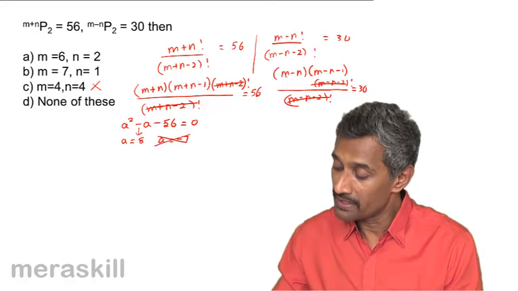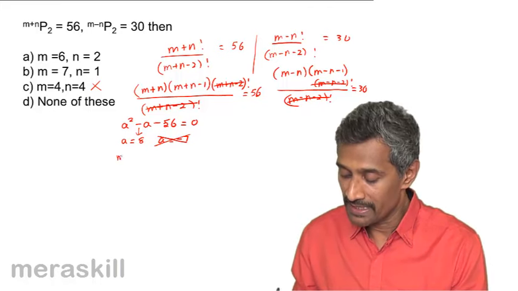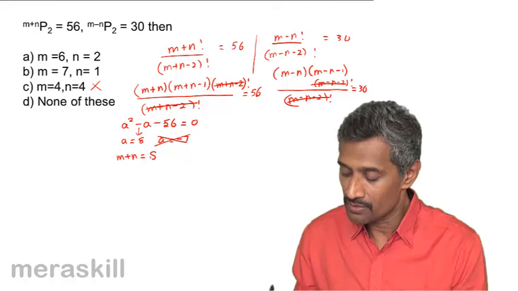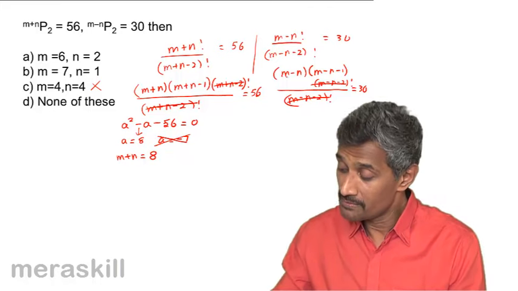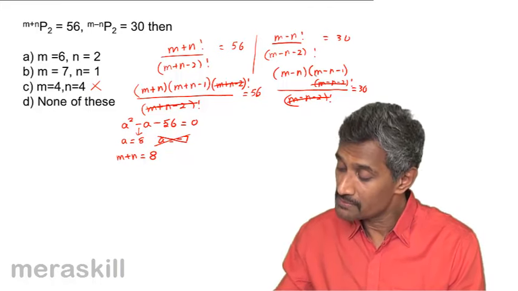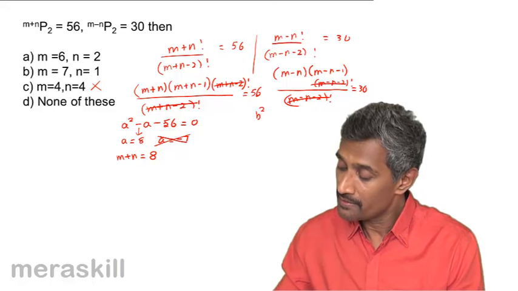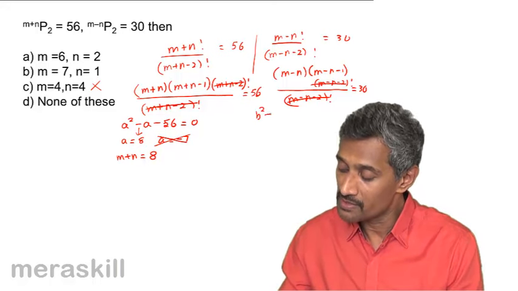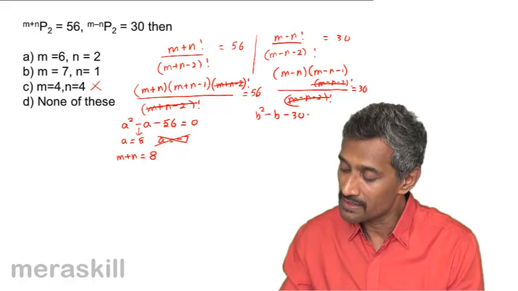So a is equal to 8, which means that m plus n is equal to 8. Similarly here, if you take m minus n as b, you get b into (b minus 1), which is b square minus b minus 30 is 0.